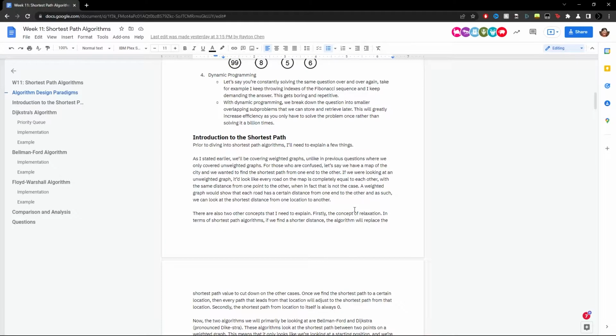And once we also find the shortest path to a certain location, then every path that leads from that location will just adjust to that shortest path from that location. All right, we don't have to fiddle around with values and such. And secondly, the shortest path from a location to itself is always 0.